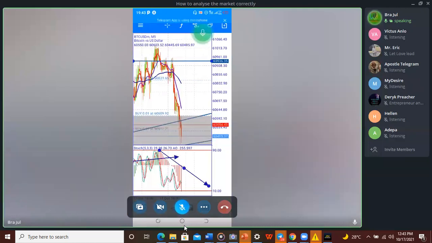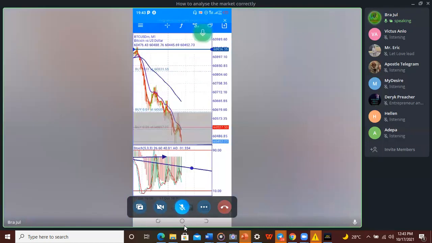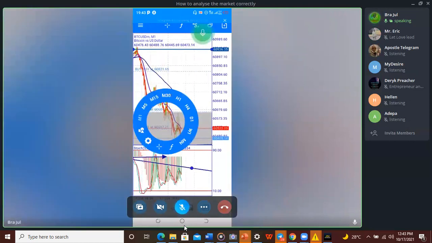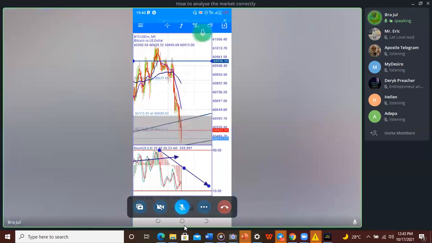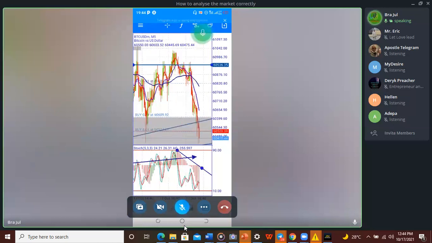But it appears it is respecting that level that we see. Even on the M5, it appears to be respecting that level, but it's still going down in that direction. So until we see a complete bullish movement on the M5, let's see. You see the trend line is just below this particular level.